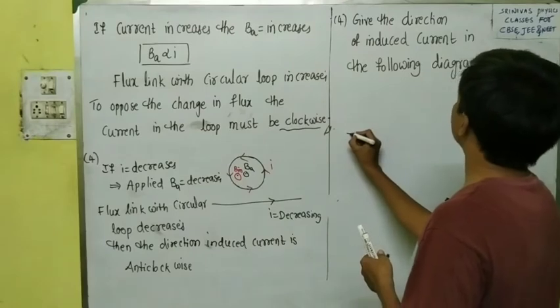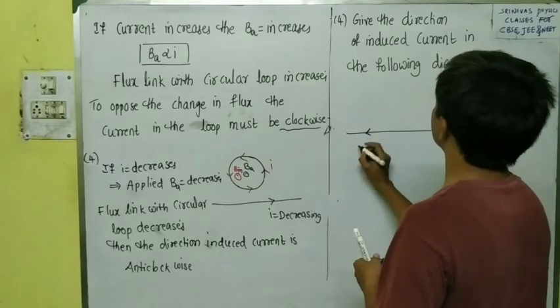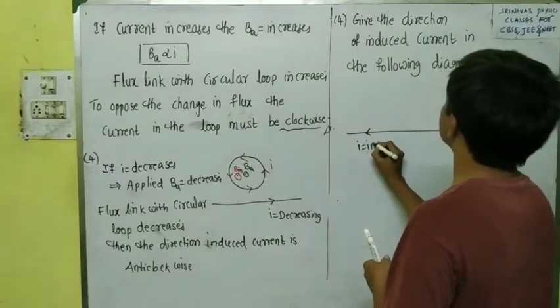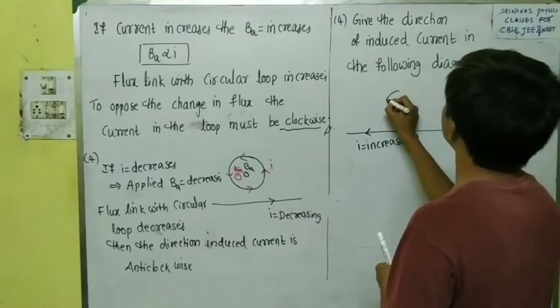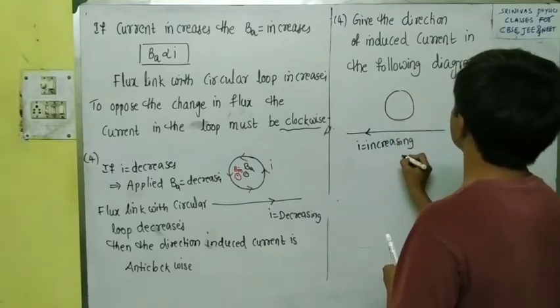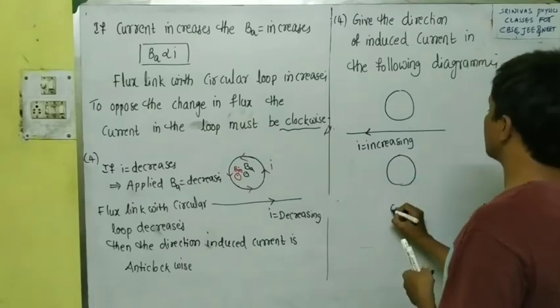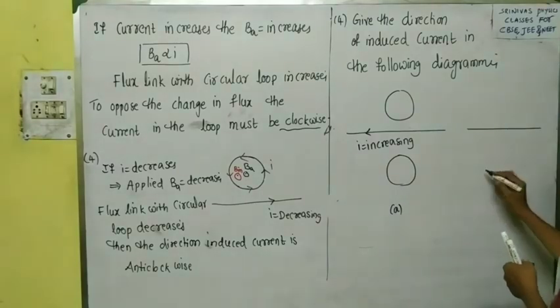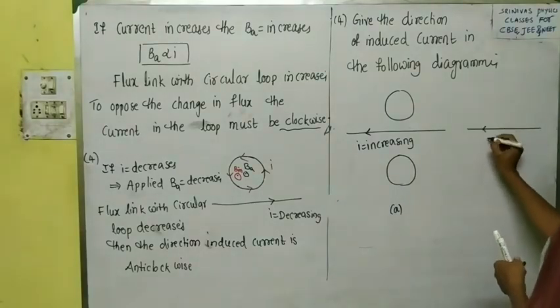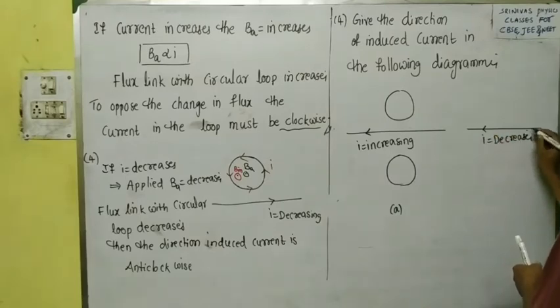This is the first diagram. This is the direction of the current. The current is increasing. This is the first question. This is A. And next, this is the second question. Here the current is decreasing.